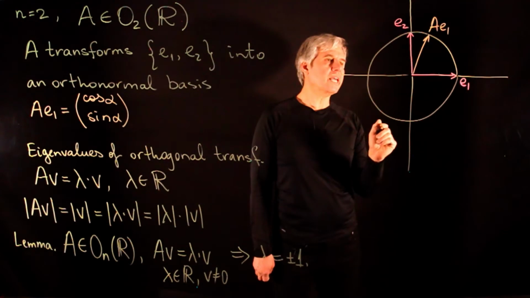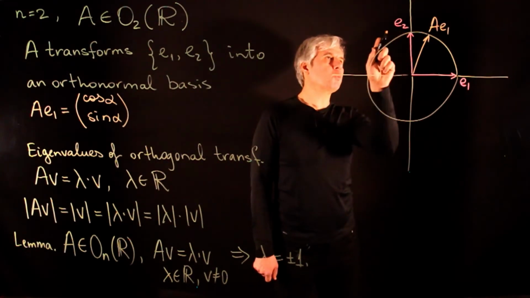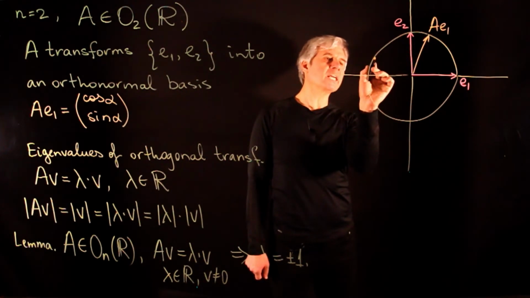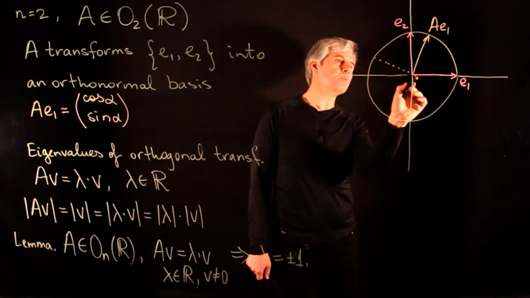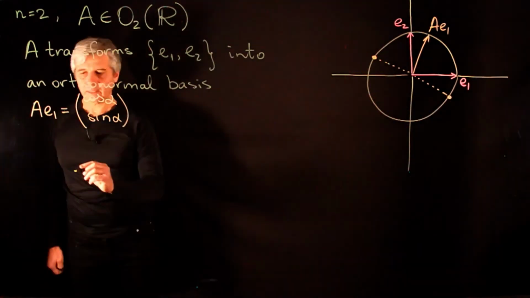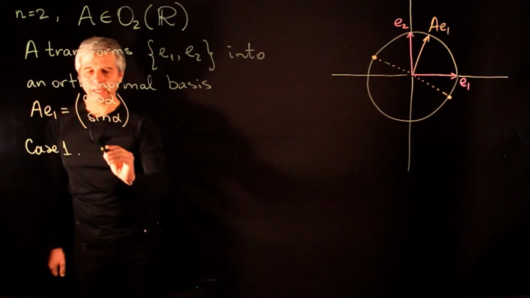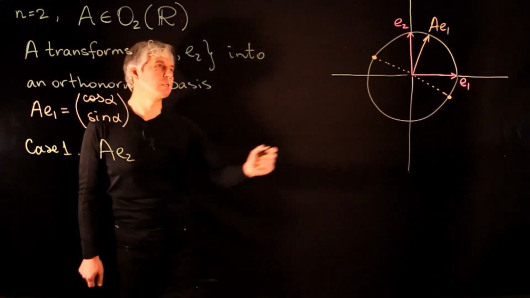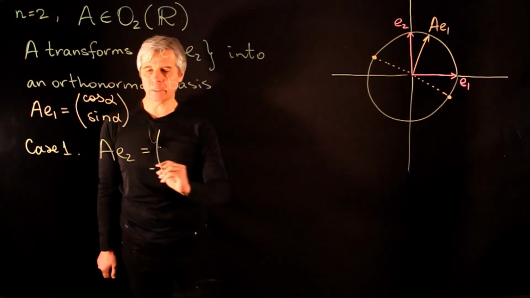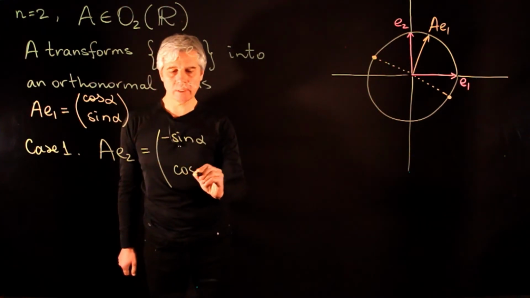Then what can we say about the image of E2? The image of E2 must be perpendicular to AE1. So this means that there are only two places where the image of E2 could be. It could be either here or here. Let us consider these two cases. Case 1: AE2 is in this location. And so here the coordinates of this vector will be (minus sine alpha, cos alpha).